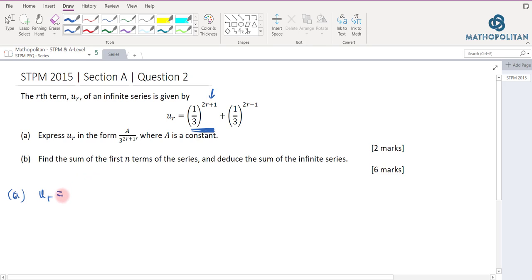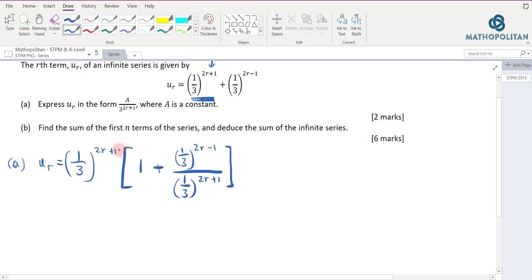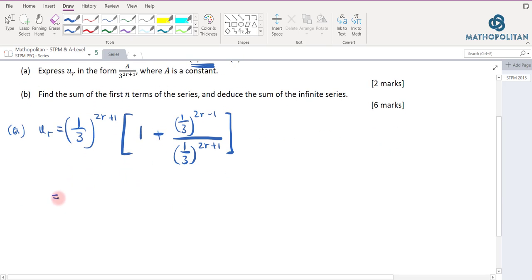The rth term will be 1/3 power 2r plus 1, and I'll factorize it from here. The first term will be 1, and the second term, 1/3 power 2r minus 1, will be divided by 1/3 power 2r plus 1. Now we simplify the second term.